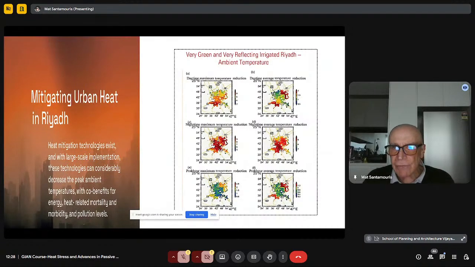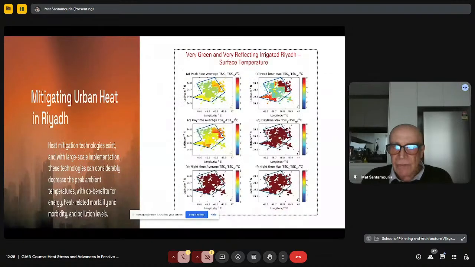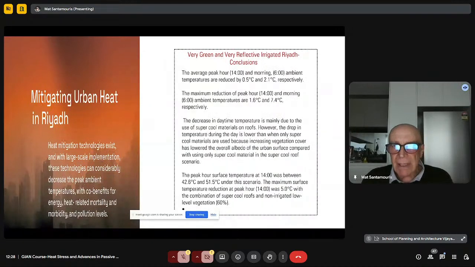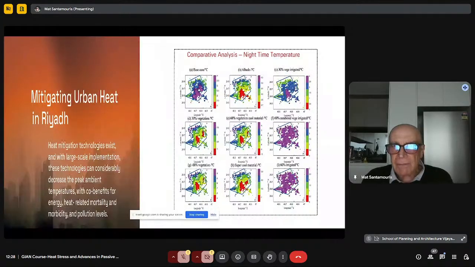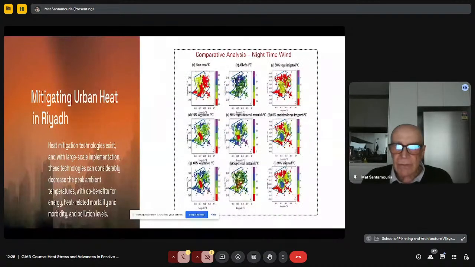The daytime temperature may decrease up to 4.5 degrees, depending on the time. So this combination seems to be very efficient for the specific climatic conditions, and it was adapted to the specific conditions.